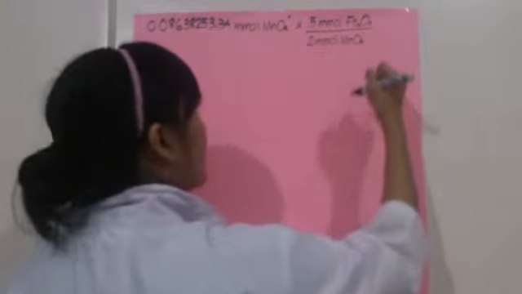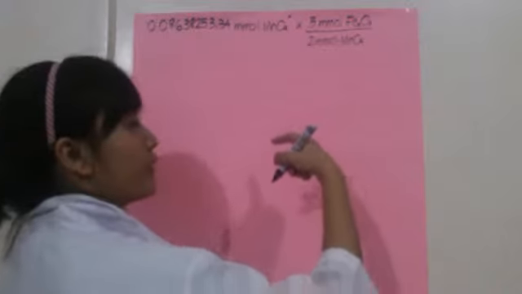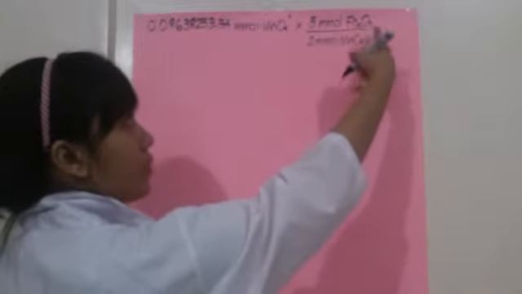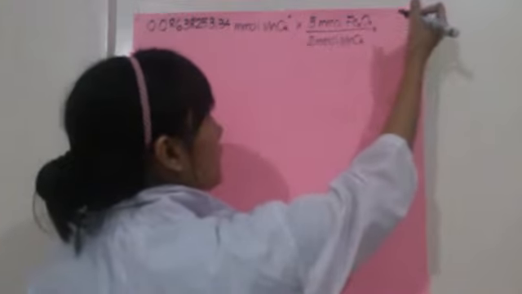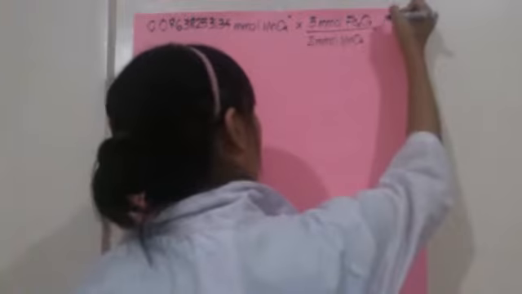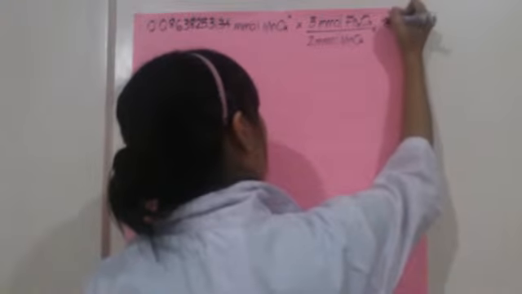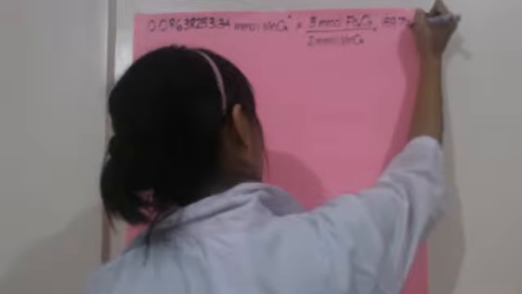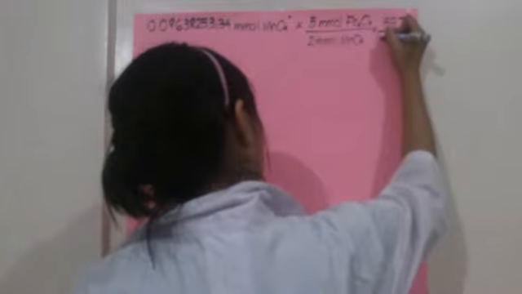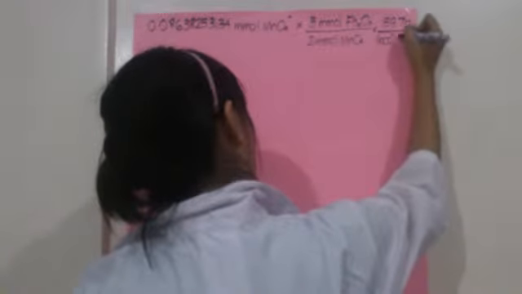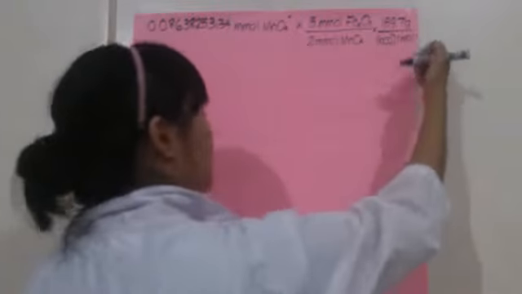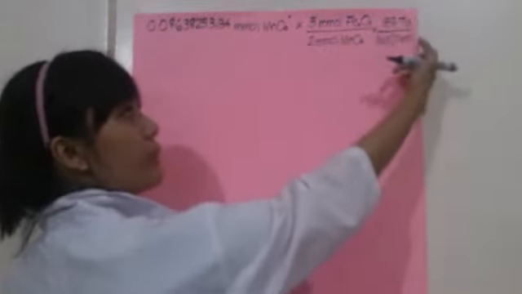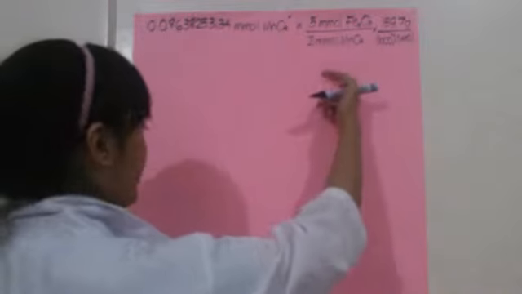Multiplying it by the formula weight of Fe2O3. This part is the formula weight of the Fe2O3.